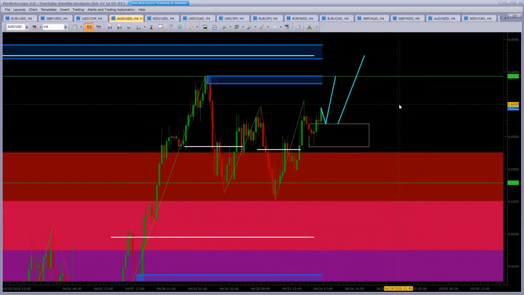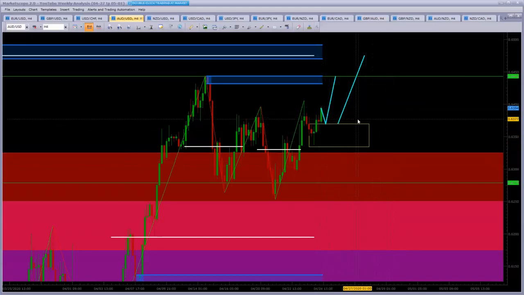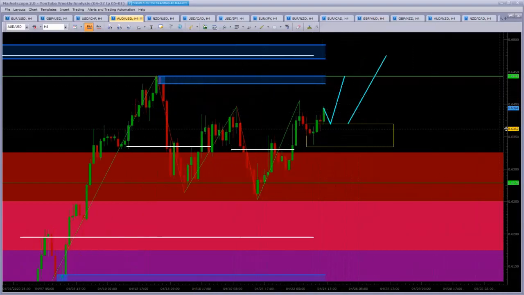If the dollar, let's just say the 500 level gets respected and it decides to go up, that means most likely this Aussie dollar is not going to work out. If the dollar goes up, most likely your Aussie dollar is going to be pulling back down. And your 64.25, by the way, I'm sorry guys, that's another level that I forgot to jot down, which is actually the bottom.